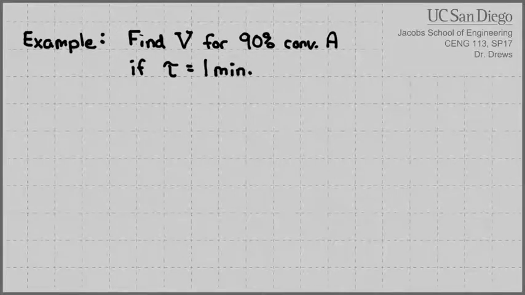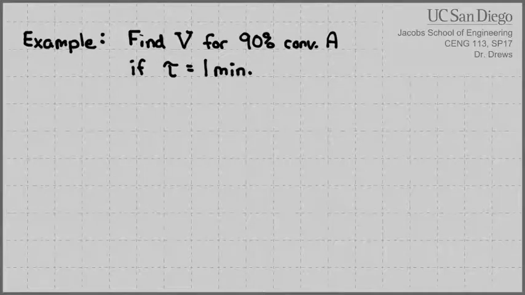So sometimes with CSTRs, they won't tell you what the flow rates are, or they won't tell you what the volumes are. They'll give you what the residence time is. But as we saw before, those three parameters, the volume, the volumetric flow rate, and the residence time, are all directly related. So if you know any two, you know the third one. Tau just happens to be a way that some people specify what that third one is.